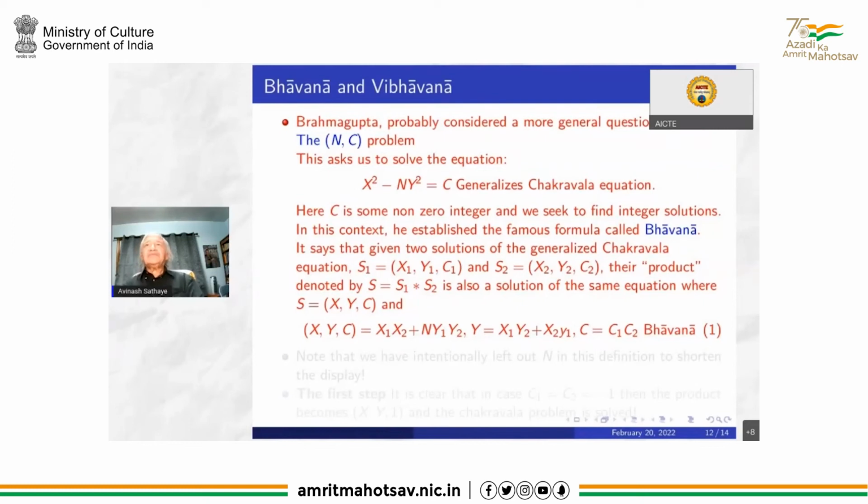It says that given two solutions of the generalized Chakravala equation, so one solution is called S1, which has components x1, y1, c1. S2 is similarly x2, y2, c2.